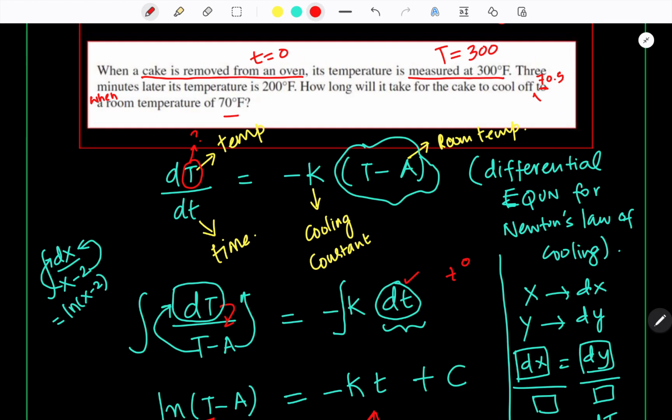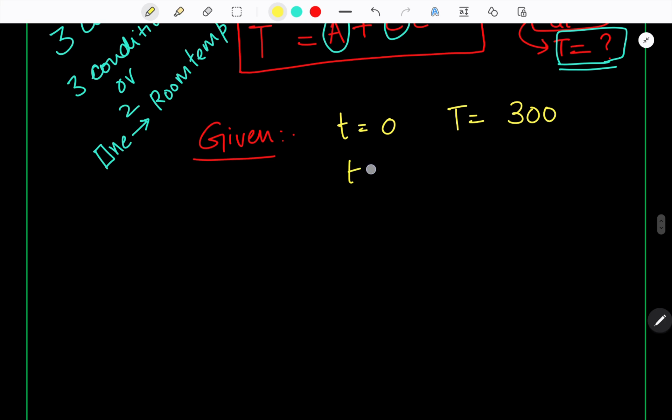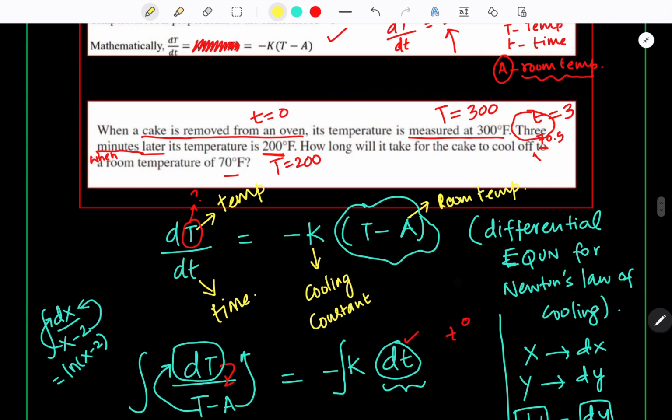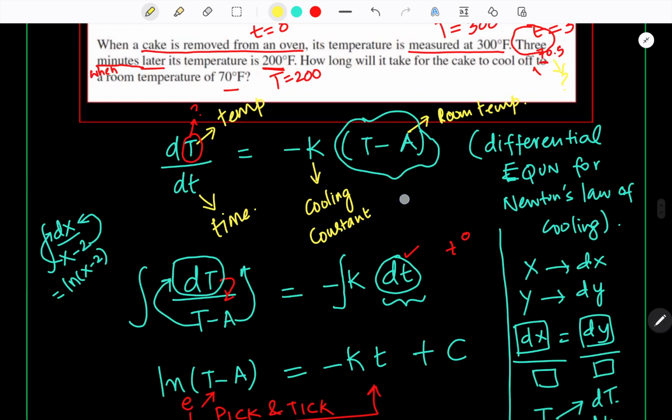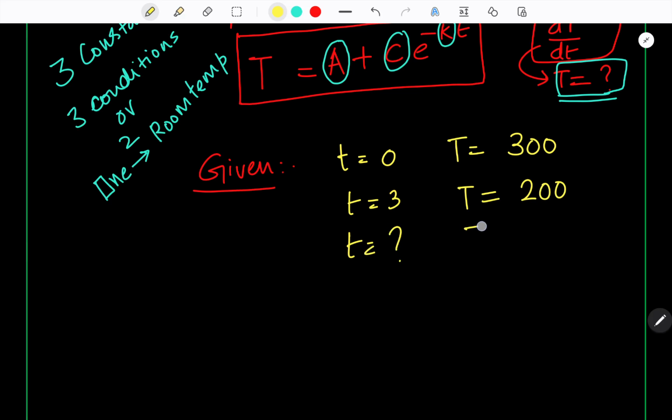3 minutes later, its temperature is 200. It means t equals 3 and capital T equals 200. After that, how long will it take for the cake to cool off to 70.5? So t is equal to question mark.